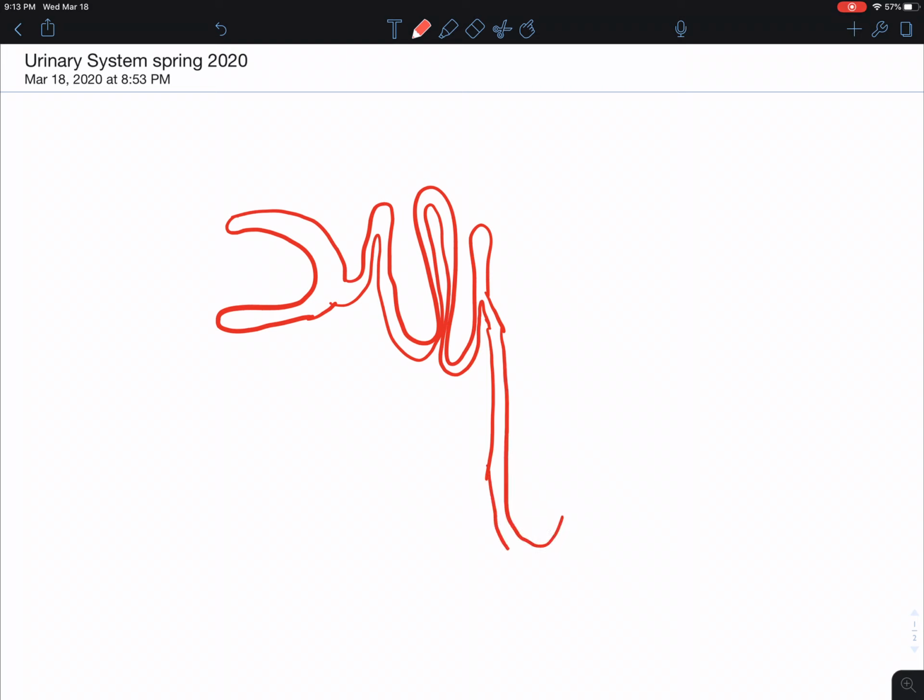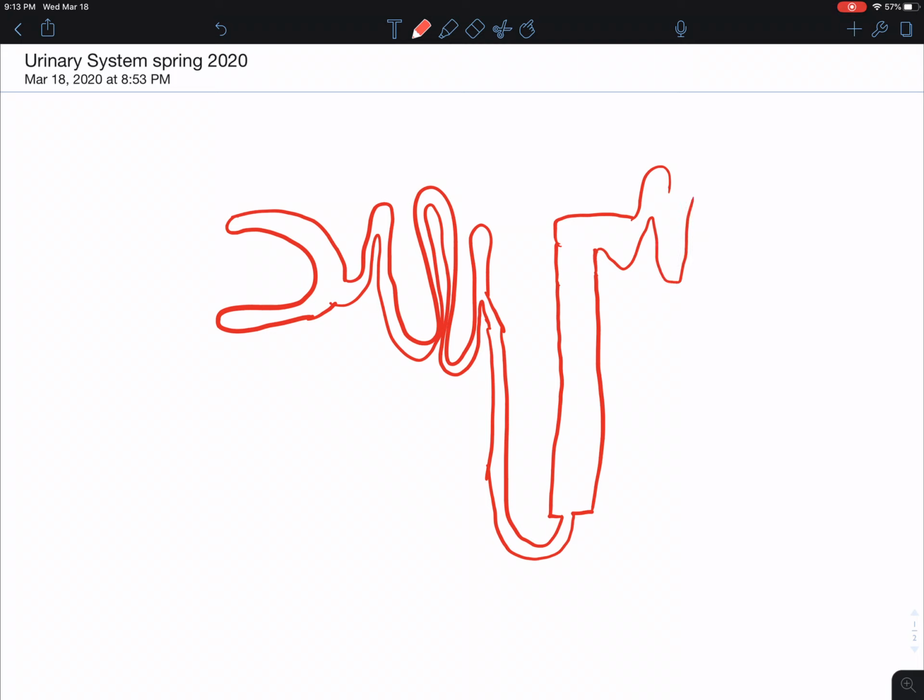So pretend this is the same diameter all the way up into this point. Then we get thicker, and we go back up like this, and then we go over here, and we go to another little convoluted tubule. We'll see if I can draw that okay. And then we dump into a structure over here that we're going to call the collecting duct.